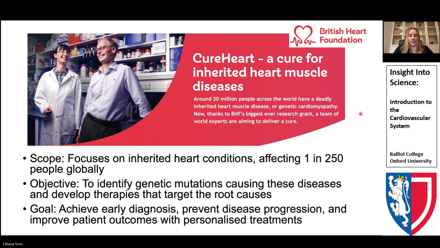And if they manage to do that, they could diagnose patients with this inherited heart disease. And I think the idea is genetic editing to prevent development of heart muscle diseases. So I've included in the last slide some links to listen to Hugh Watkins talk about this project and the whole aspiration of it, which is very inspiring, very interesting. Highly recommend you guys listen to it.